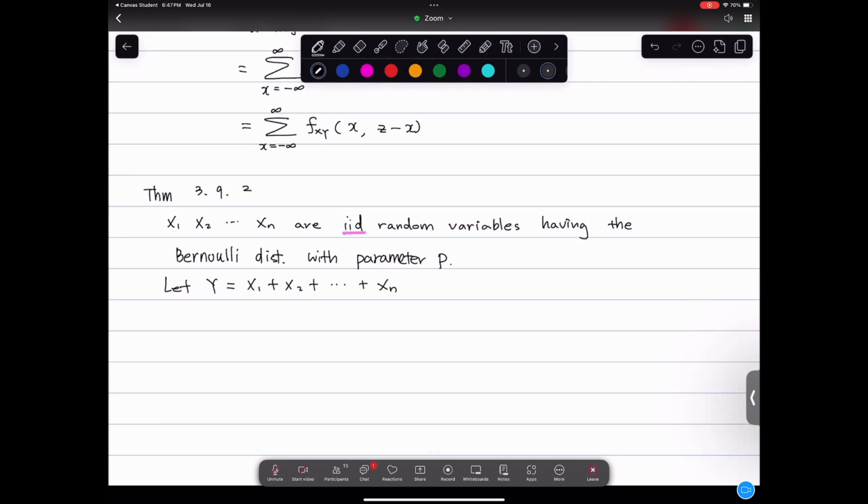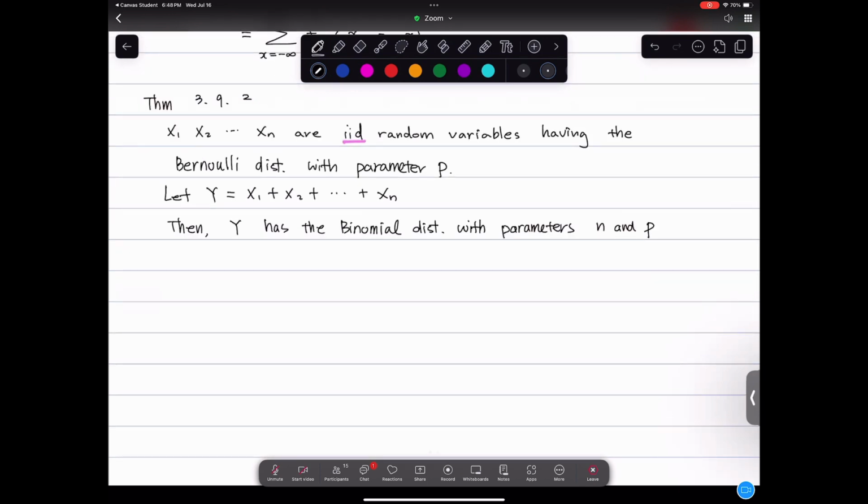Then this Y has the binomial distribution with parameters n and p. I don't want to prove this theorem, but I want to think about the idea of this theorem.